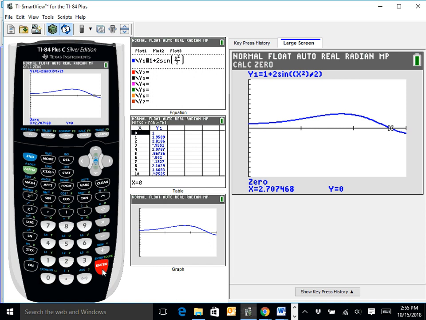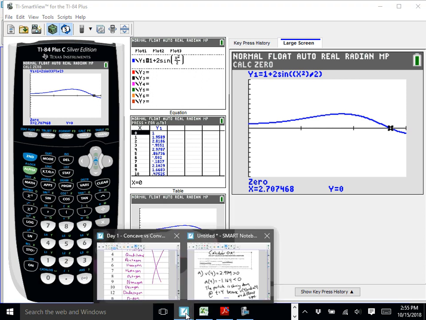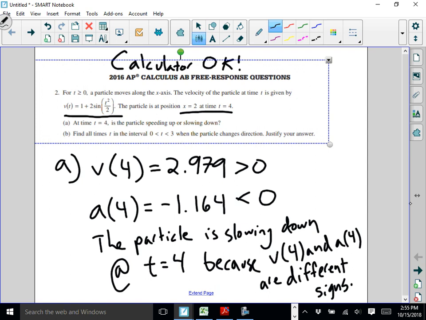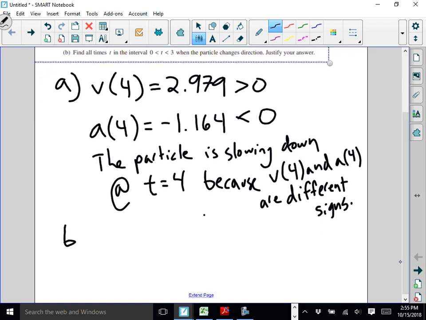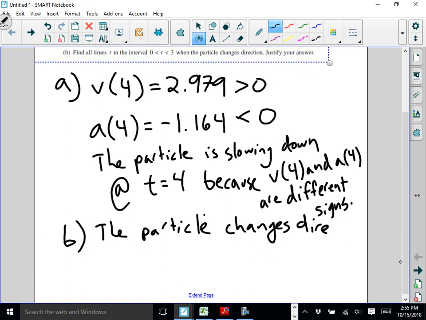So let's go back to our work here. There was only one answer to that problem, and I would say the particle changes direction at, don't say x, at t equals 2.707, because I need to justify.